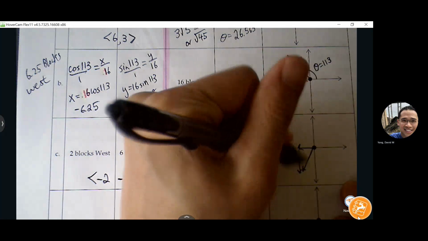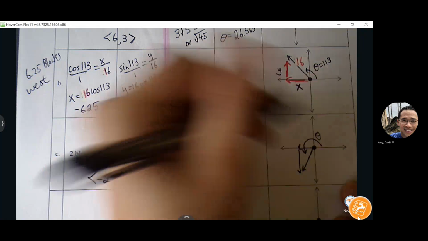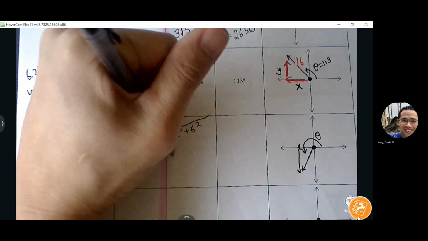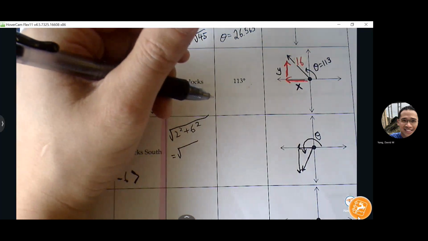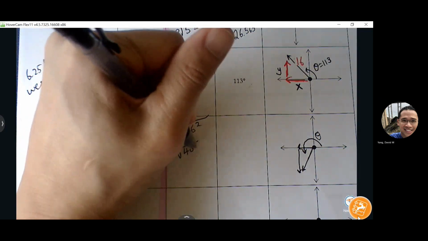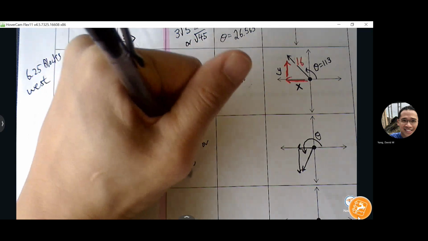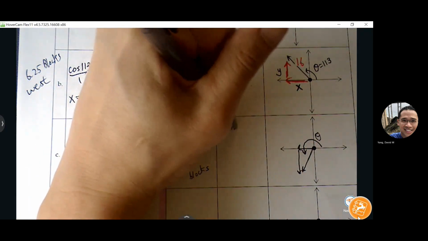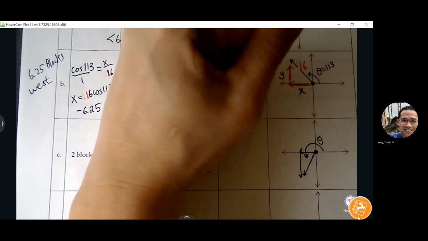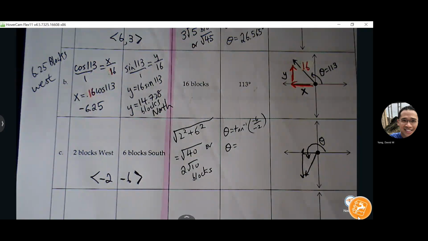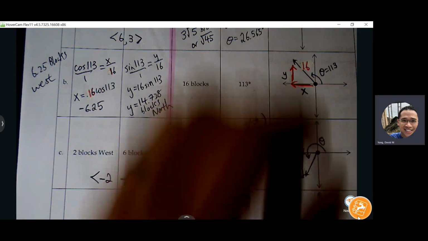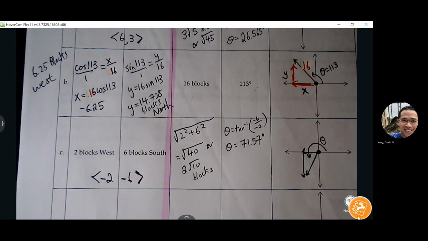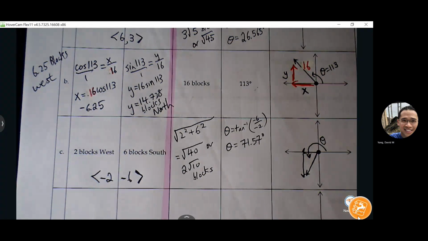Third, right? What adjustment is needed here? Plus 180.